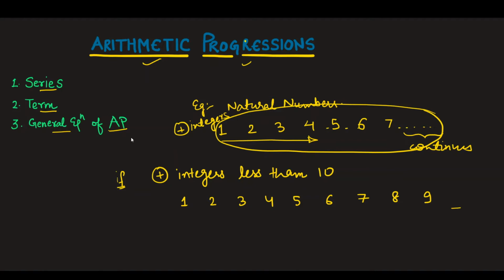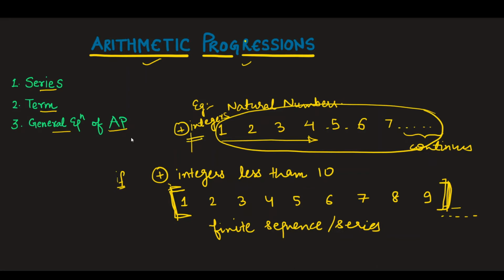So it is also a sequence, but it is a finite sequence or series, you may call it, because it is not continuing. It has an end and a start, but this series has a start, starting from 1, but it is never ending, so it will continue. So one is a finite sequence and the other is an infinite sequence.